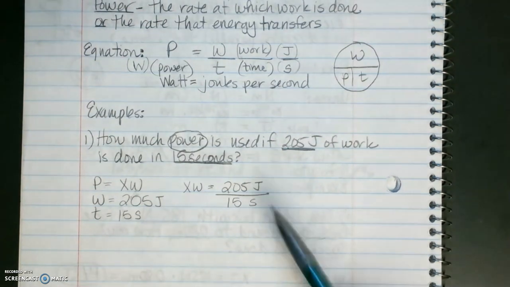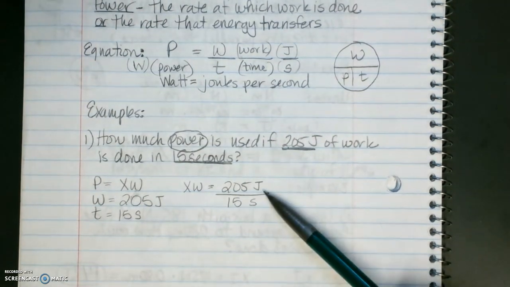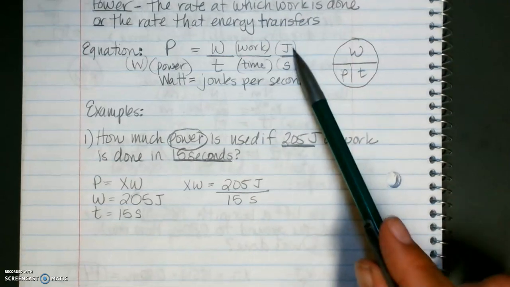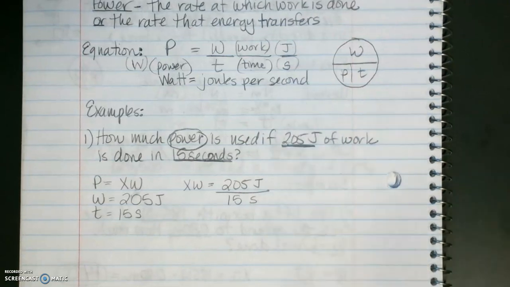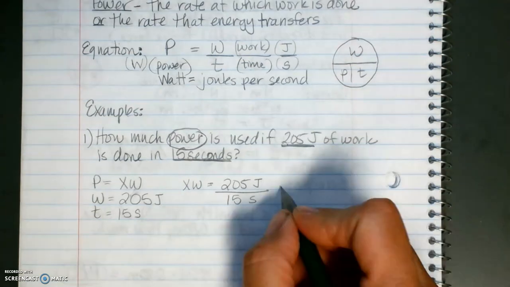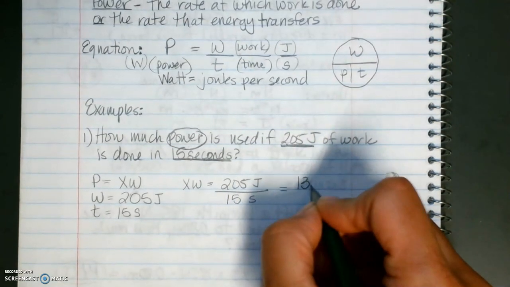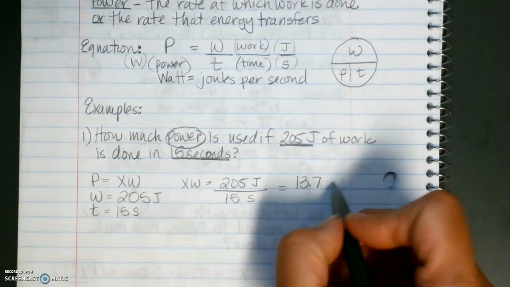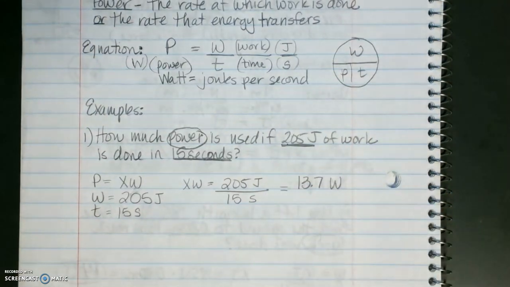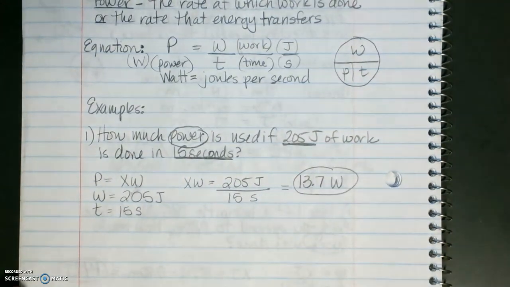So there's no canceling here because it is a joules per second. So we're just going to divide 205 by 15 and get 13.7 joules per second, which we call a watt. So 13.7 watts. Pretty easy.